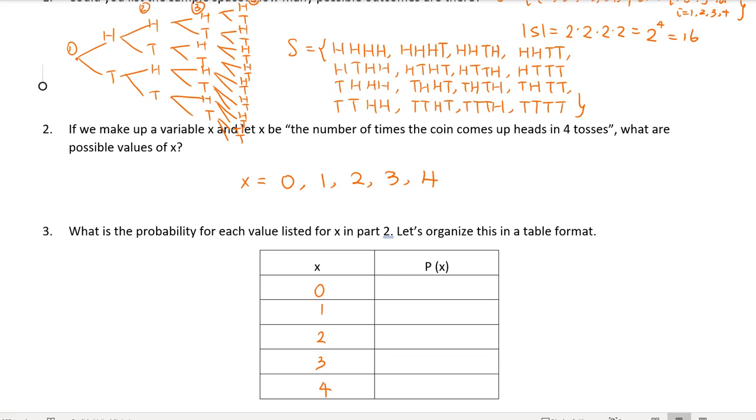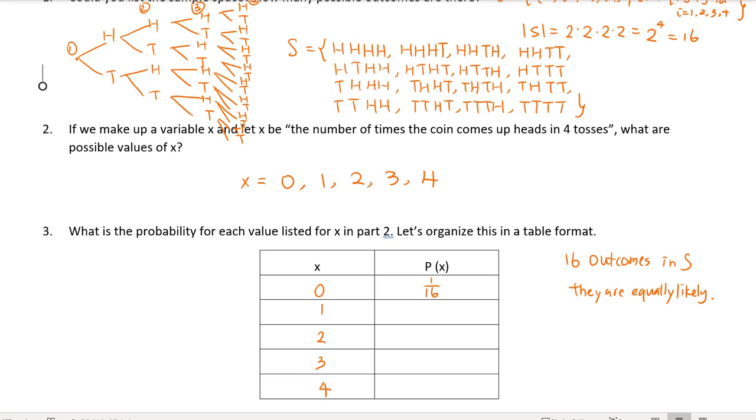And there's only one outcome, all tails. Because here we have 16 outcomes in the sample space, and they are equally likely, 1 outcome over 16 is the probability.